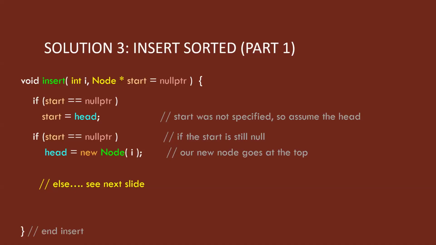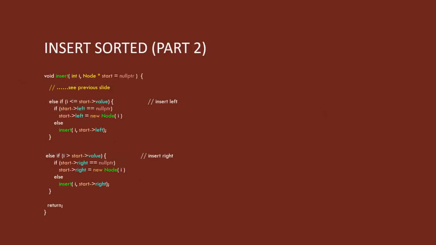But what if it's not null, right? So if it's not null, else, so this was our previous slide, else if the thing we're trying to insert, I, is less than or equal to the starting value, then we know we want to insert it on the left-hand side. So can we just directly insert it in the left child?